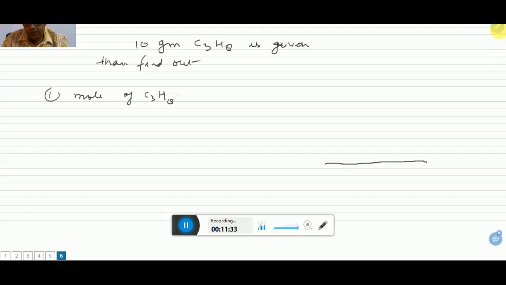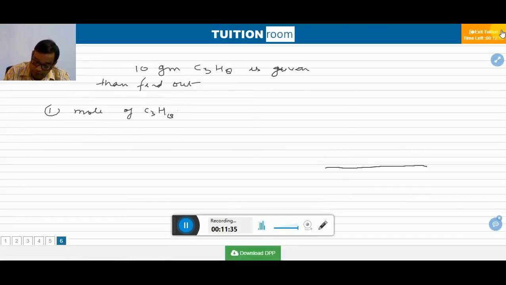Mole of C3H8. Number 2, gram mole of C3H8.